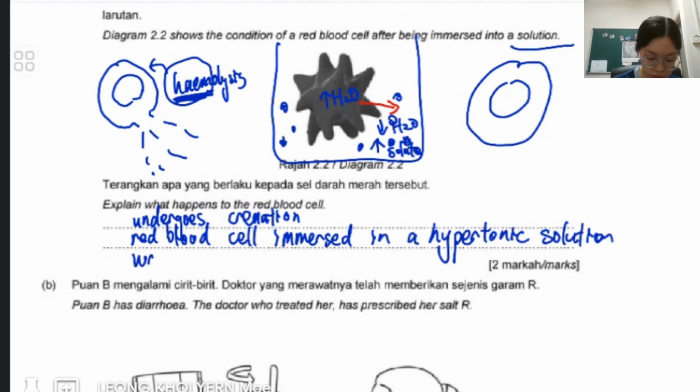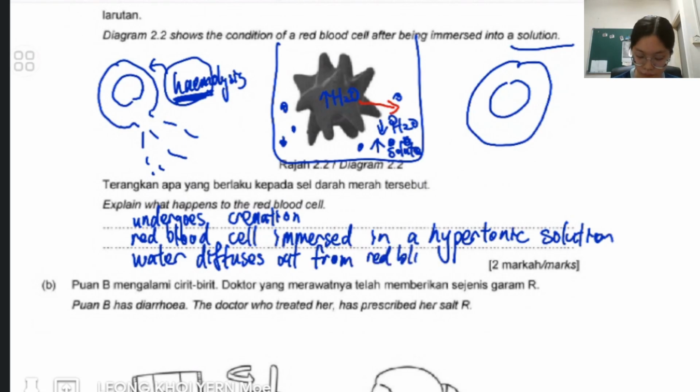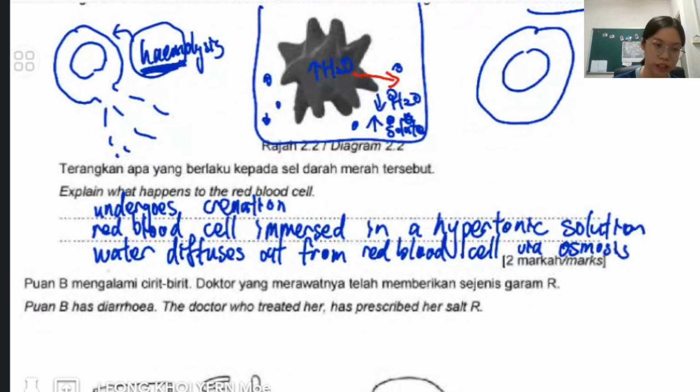So water molecules diffuse out from the red blood cell via osmosis. The words diffuse and osmosis are really important for you to mention to get that point. The red blood cell shrinks.